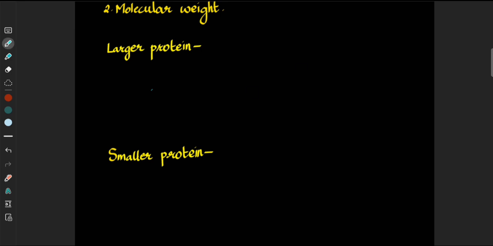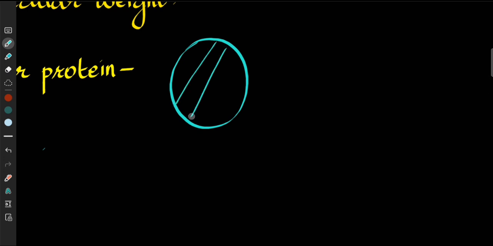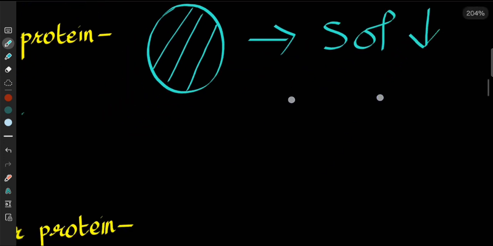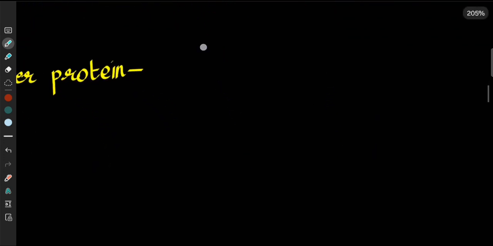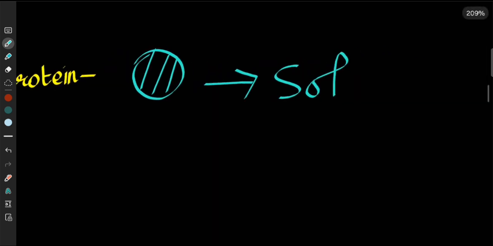Now I can write it down that when a protein is very large, then the solubility will decrease. And when the protein is really small, then the solubility will increase, right?